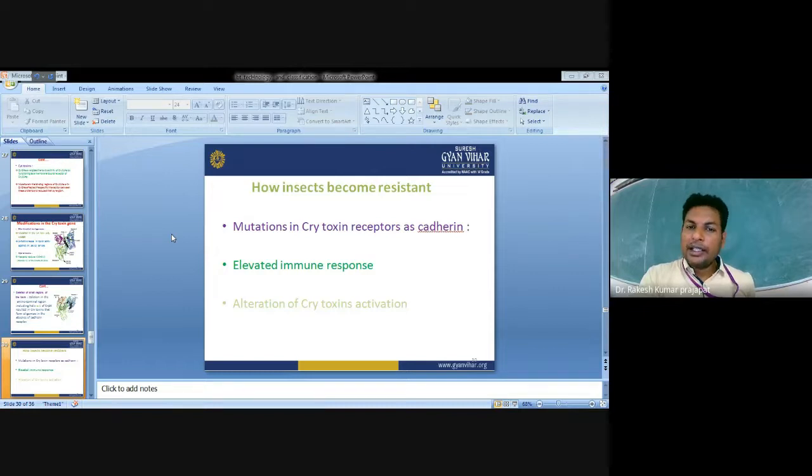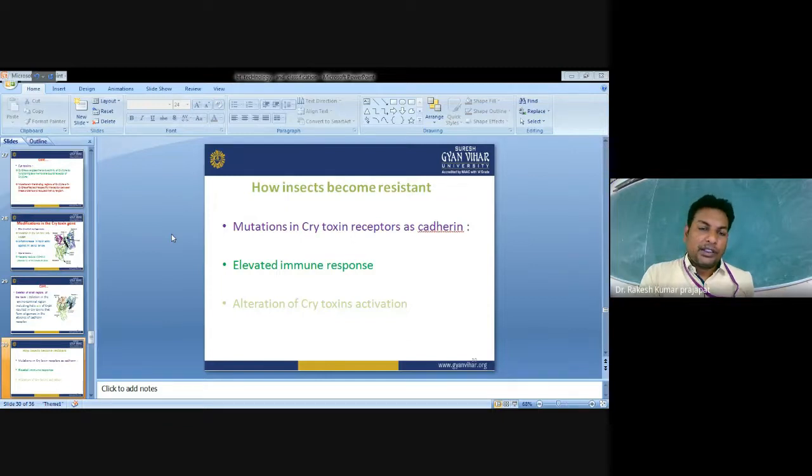Either mutation in the Cry toxin receptor, cadherin, present in the insect midgut. If mutation occurs, the toxic proteins are not able to identify the receptor; the Cry protein will not be able to interact with it, so the insect develops resistance. Second, elevated immune systems: if an insect is continuously exposed to a particular insecticidal protein, slowly the insect body develops resistance, develops antibodies against this protein.